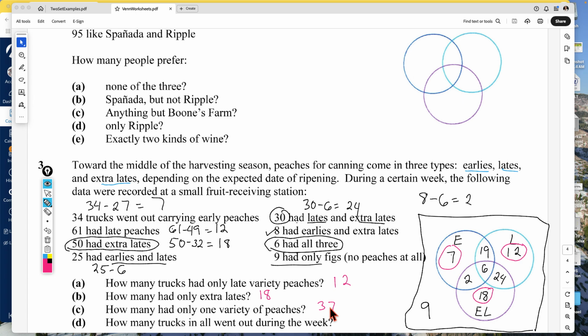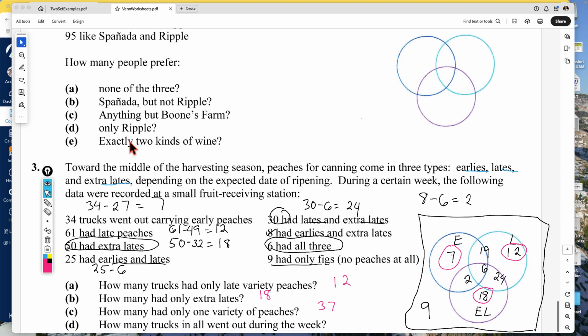Now for your homework, if you could turn this in to me, all you have to do is complete it. The first 2 pages, you have the answer key, so you can check them yourself, and I want you to do that. You hand it in to me, I'm going to base it off completion, and then do 2 of these, so that you now have the question with the wine.